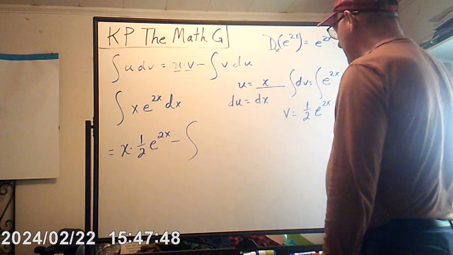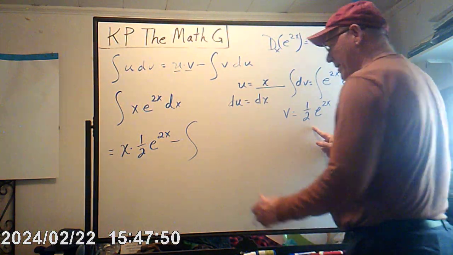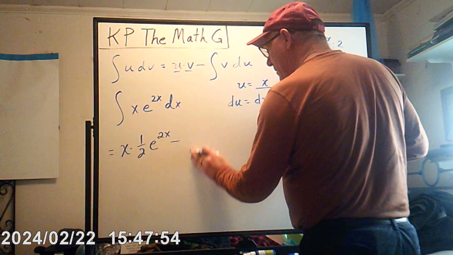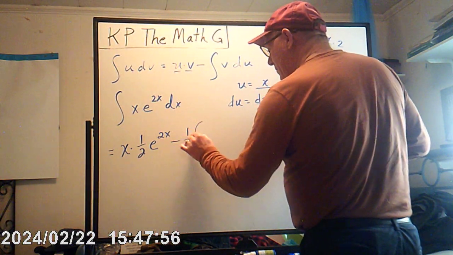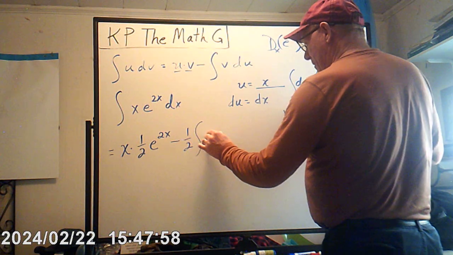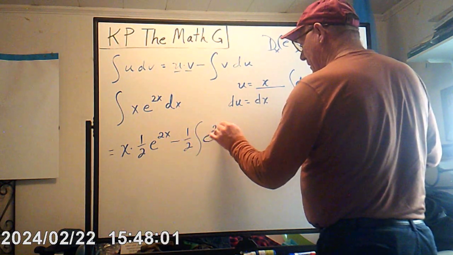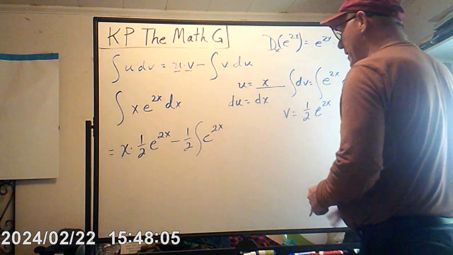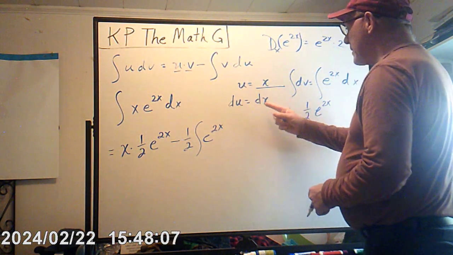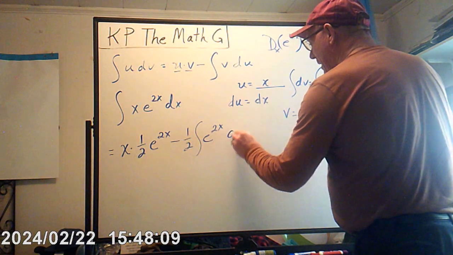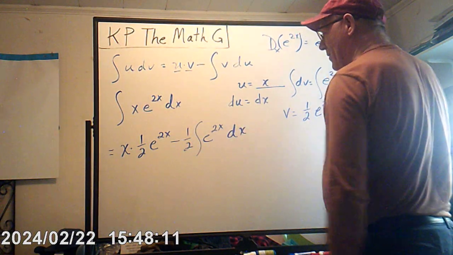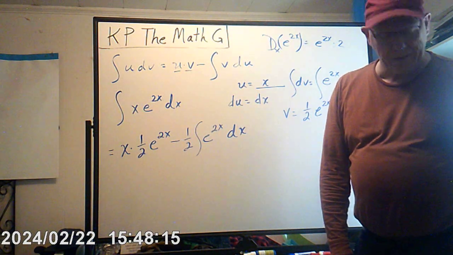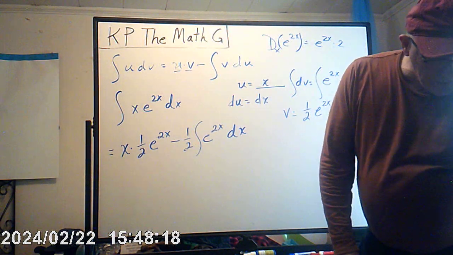I'm going to put the 1/2 on the outside, move it over a little bit, 1/2 here, e to the 2x. Now du is dx, so that's simple there, isn't it? Does everybody see that?